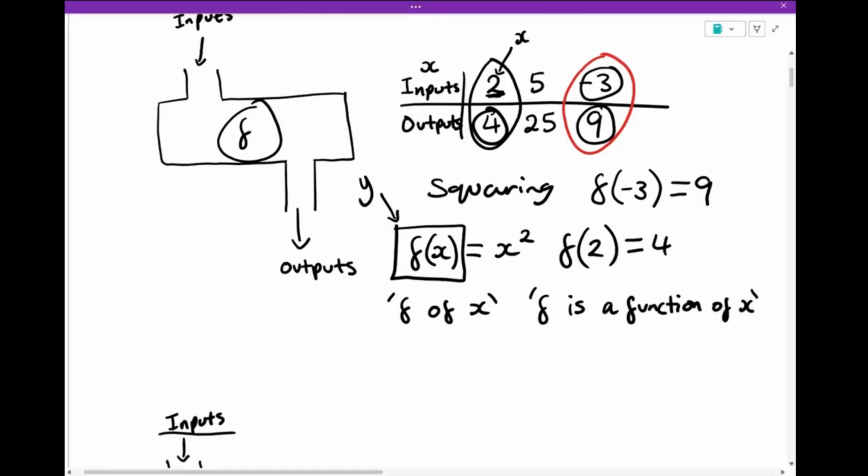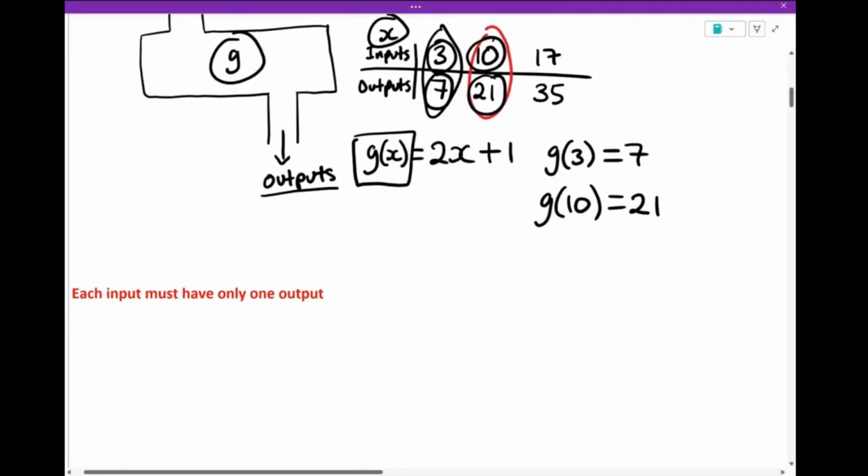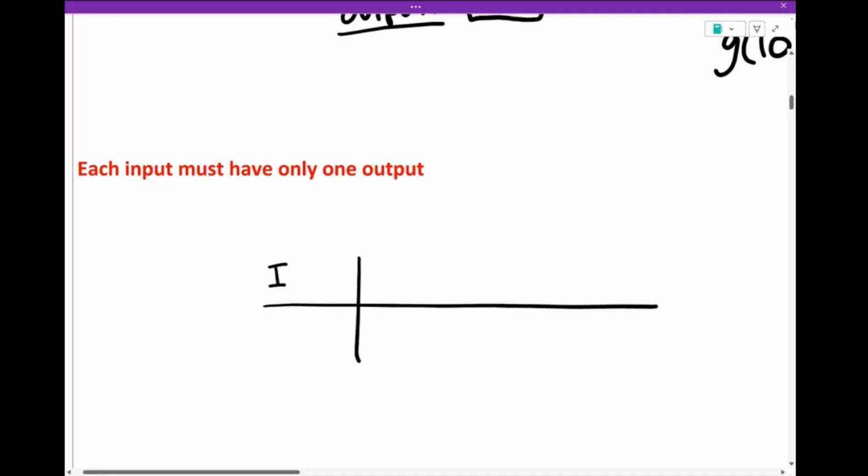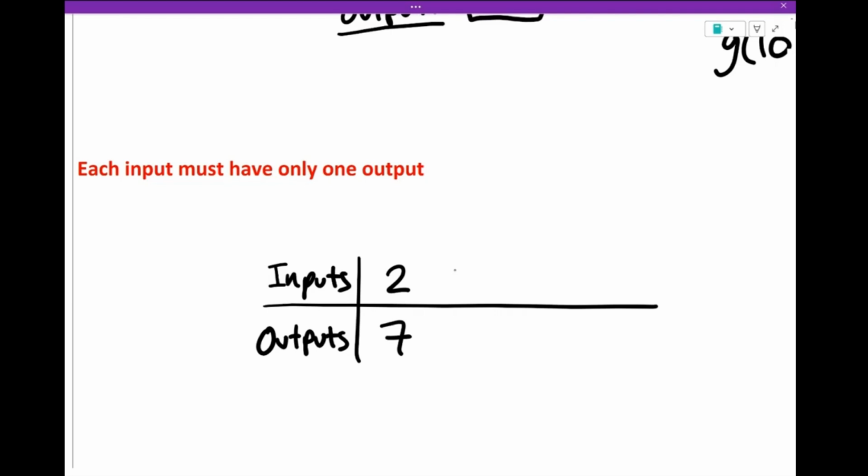So what we just have to consider is one other feature of functions, and that is each input must only have one output. So let's say I have my table of inputs and outputs. And let's say into my function, I was to put 2 into my function and out came 7. This time, don't worry about a specific mathematical rule. Now let's say I was to input 3 and then 9 came out.